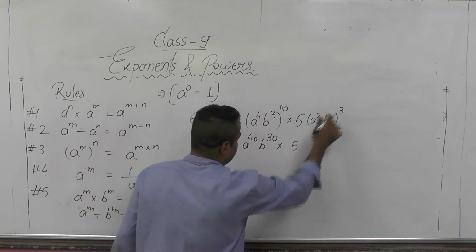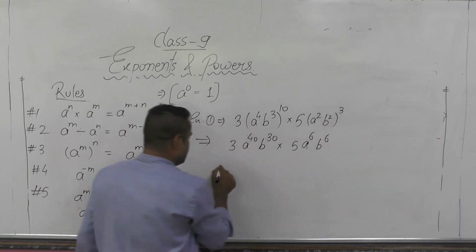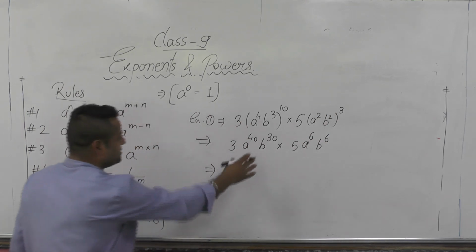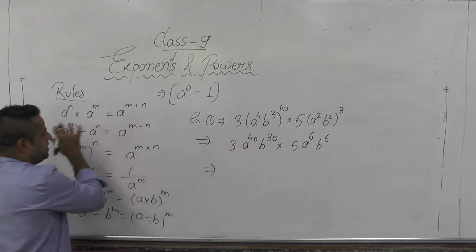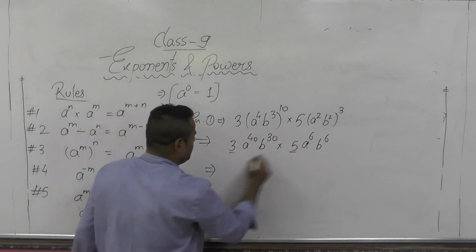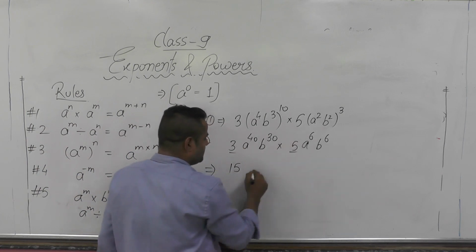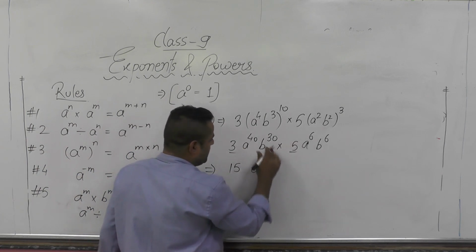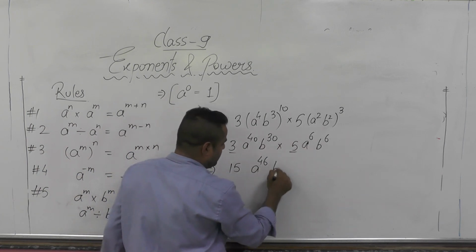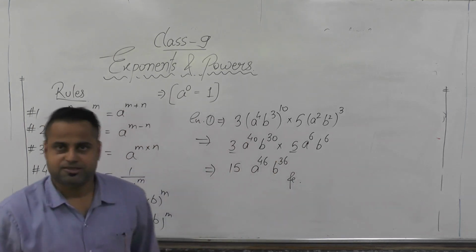Likewise, 5 cubed, a to the power 2 times 3 is 6, and b to the power 2 times 3 is also 6. Now we can apply another rule, which is of multiplication. When the bases are same, the powers will be added in multiplication. So 3 5s are 15, the numbers will multiply. A to the power 40 and 6 will become a to the power 46 and b to the power 30 and 6 becomes b to the power 36. Likewise it will be applicable like this.